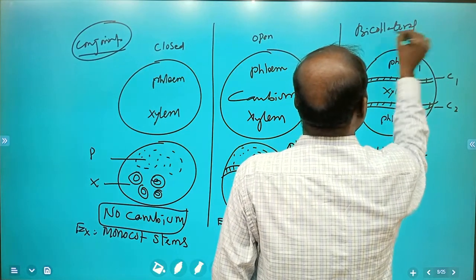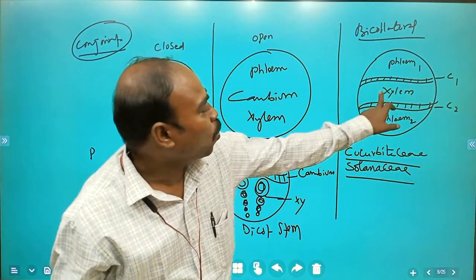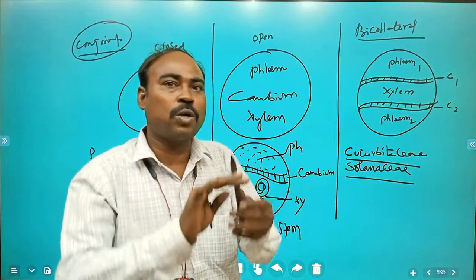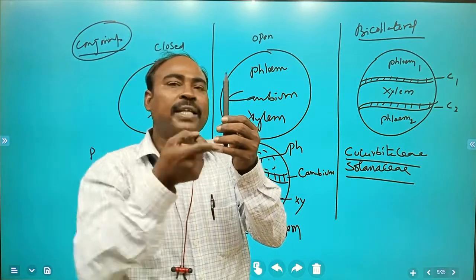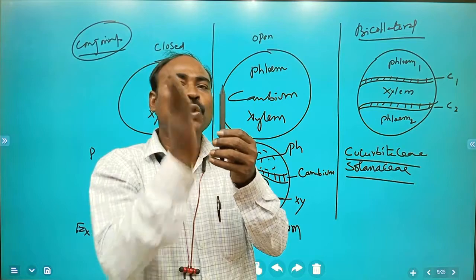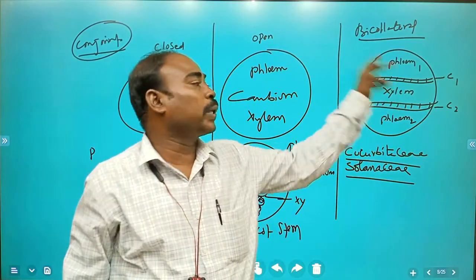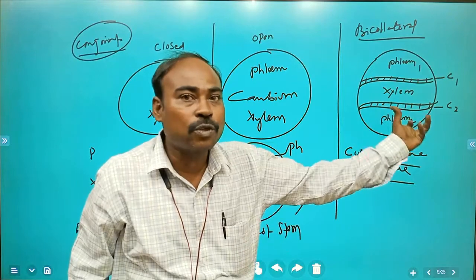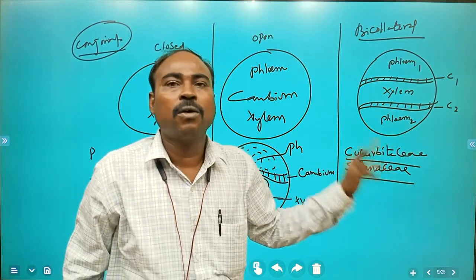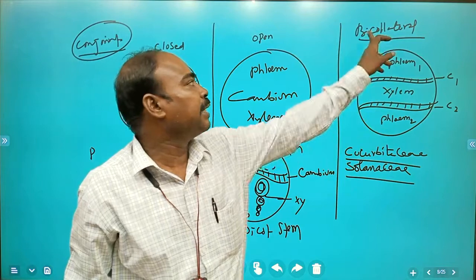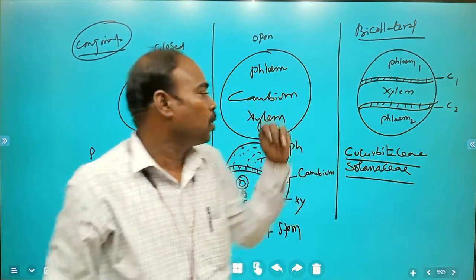Bicollateral bundles means only one central xylem patch, and on either side of the xylem patch two phloem bundles run, which are separated by two cambial layers. Such vascular bundles found in Solanaceae and Cucurbitaceae family members are called bicollateral bundles.